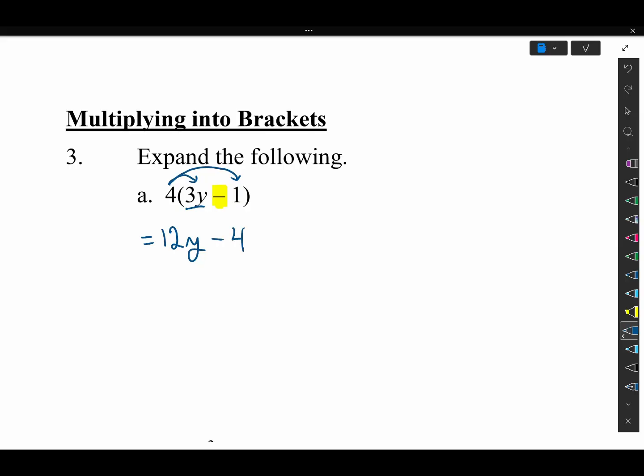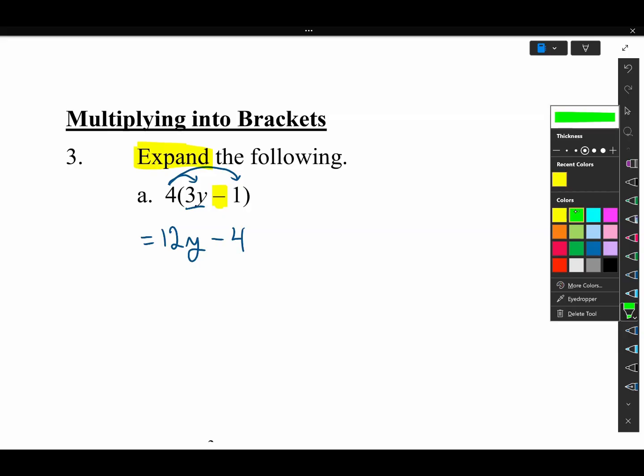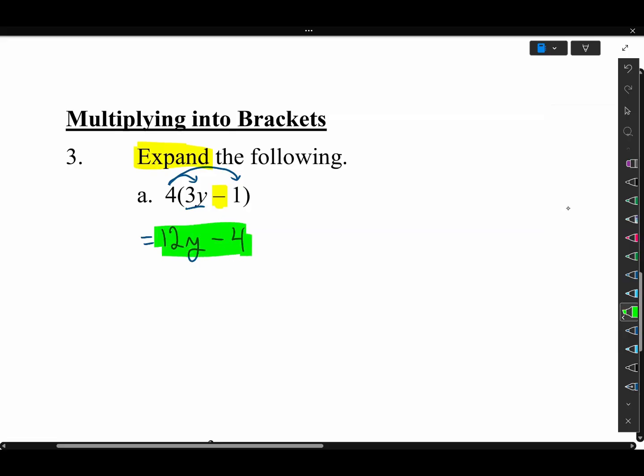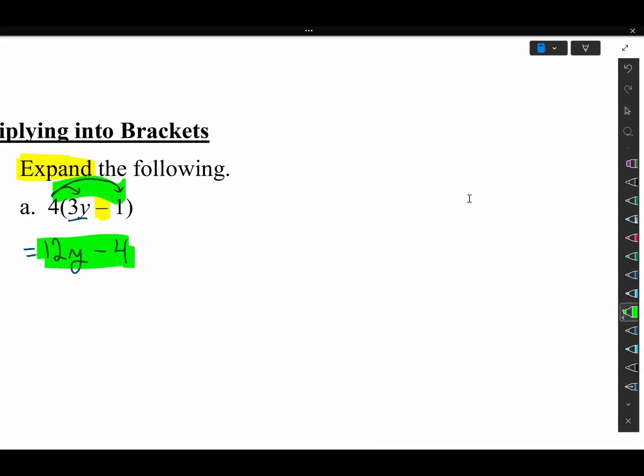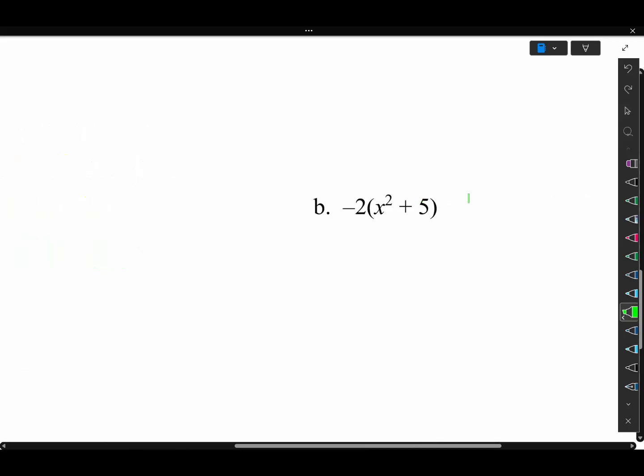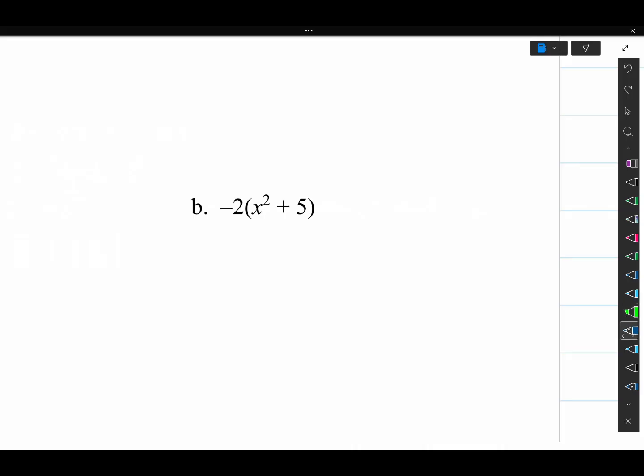So this way, if ever the instructions are to expand, then we're looking to take something that has brackets and write it in a way that has no brackets. That's our goal. All right, so we will be drawing in these rainbows as needed to track where we're going. So we're working right here, and we have negative 2 times x squared, and then negative 2 times 5.